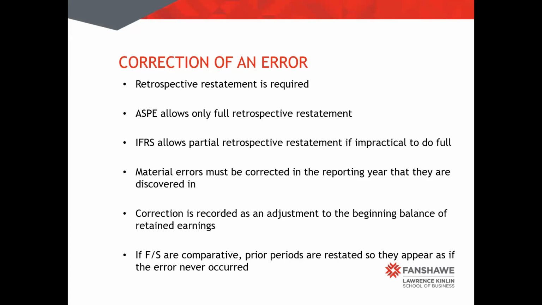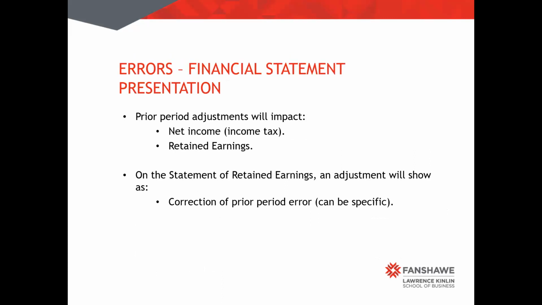Any correction is recorded as an adjustment to the beginning balance of retained earnings. So you would restate your opening retained earnings, assuming that that error was never made. And then, as I said before, if they're comparative, those prior periods must be restated as well, just to make it look like it never happened. And don't forget, any prior period adjustments will impact both the net income, including income tax, and retained earnings.